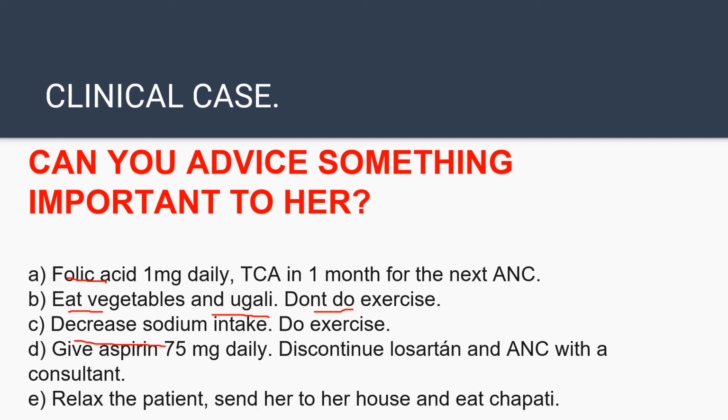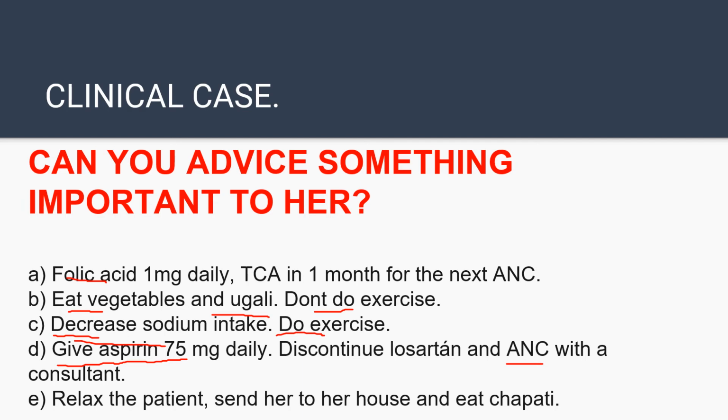The ugali is very good, but for prevention of preeclampsia, there are no studies that support it. Decrease sodium intake and do exercise, that also is not the recommendation. So give aspirin 75 milligrams daily, discontinue losartan, and perform an ANC visit with a consultant, that is the correct answer.